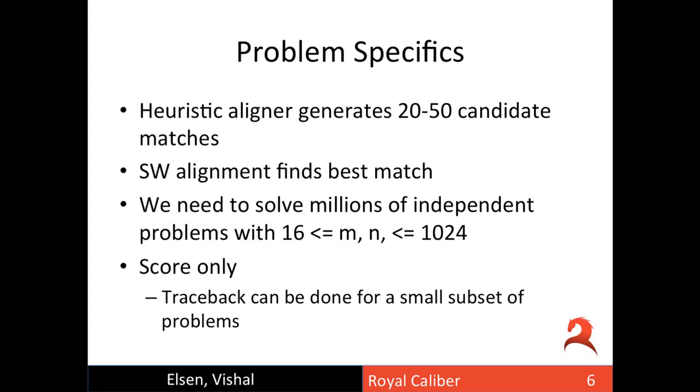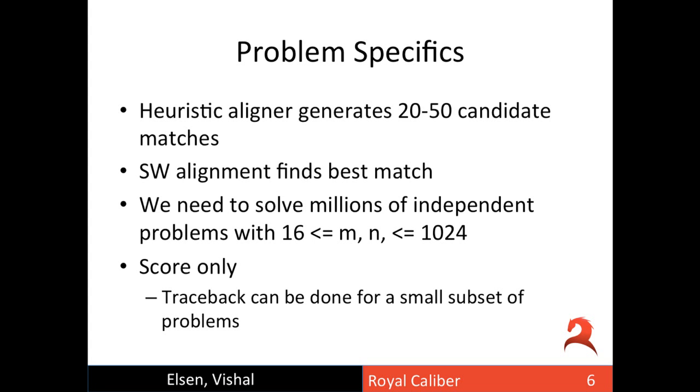So what this amounts to is we have millions upon millions of independent alignment problems that are of size somewhere between usually 16 and 1,024. It's not a limitation of the algorithm. I mean, we could go bigger. That's just the longest reads that we get off of the chip.